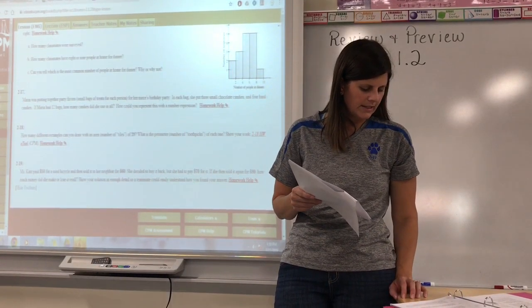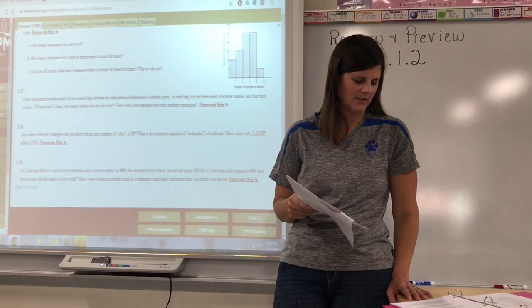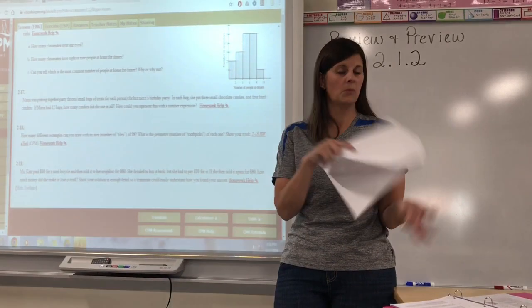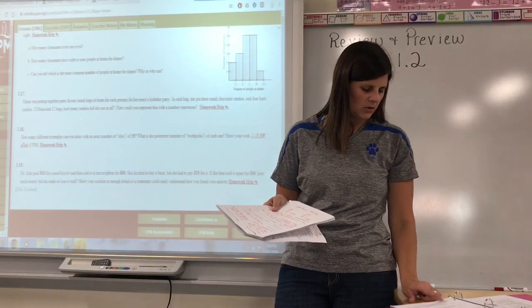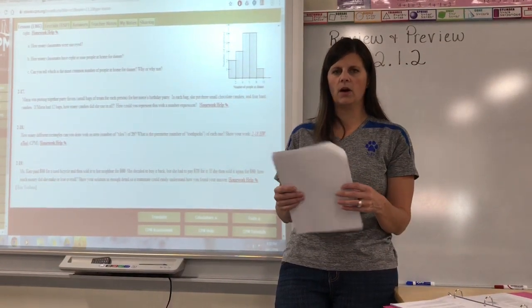For question 19, it says Ms. Katz paid $50 for a used bicycle, then she sells it for more, then she buys it for more, and then she sells it for more. In the end, it's asking how much money she made or lost overall.